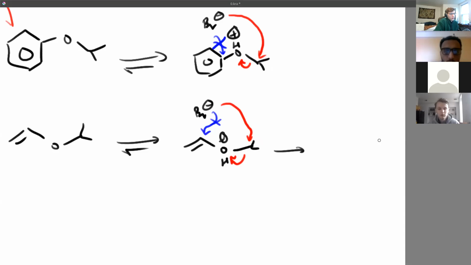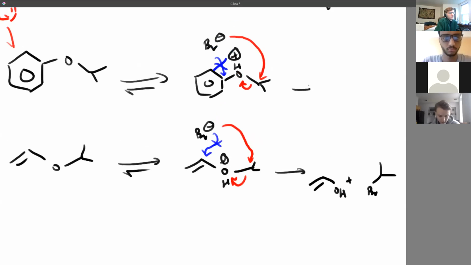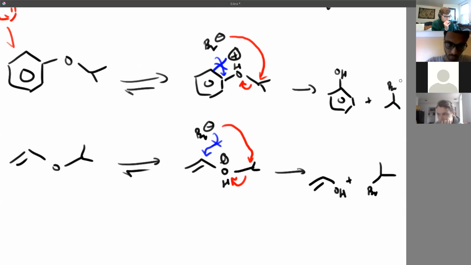Okay, and so we end up in this case with a bromine over here and this OH over here. And up in this top case, we have phenol and this guy.